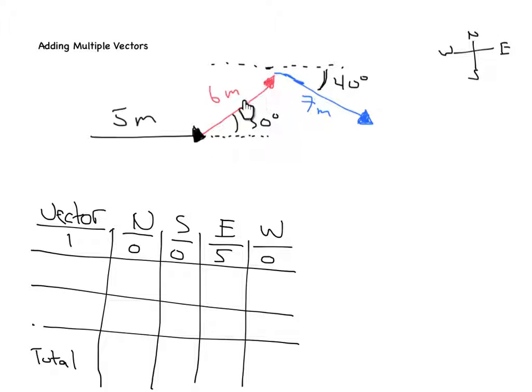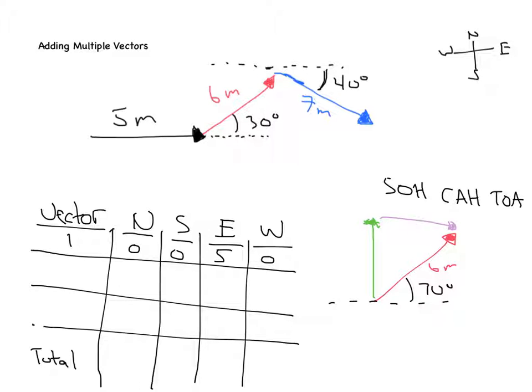So then let's take the red vector, vector 2, and let's break it down. All right, so to find the components of this vector, we could either draw this green-purple line here, because if we do this, we will have the y and x components that make this vector up. That's okay. We could also draw the x and y components here. So either way will work. If I do this x and this y, I'm going to use the angle of 30 degrees.